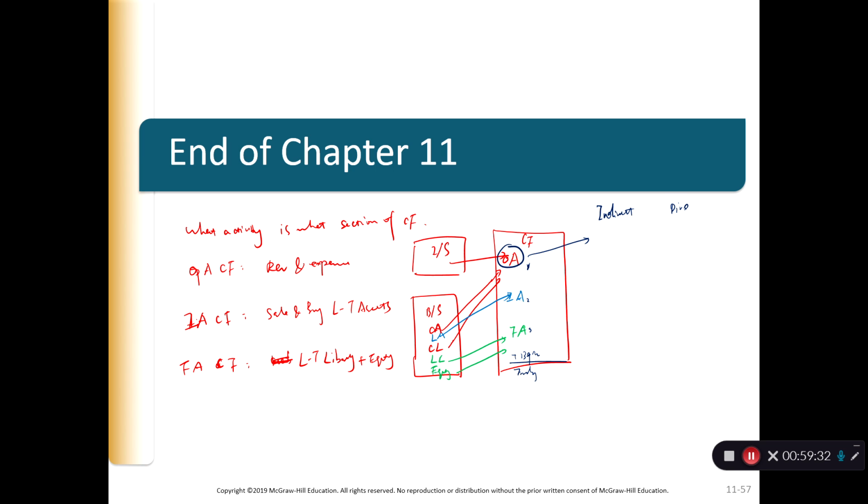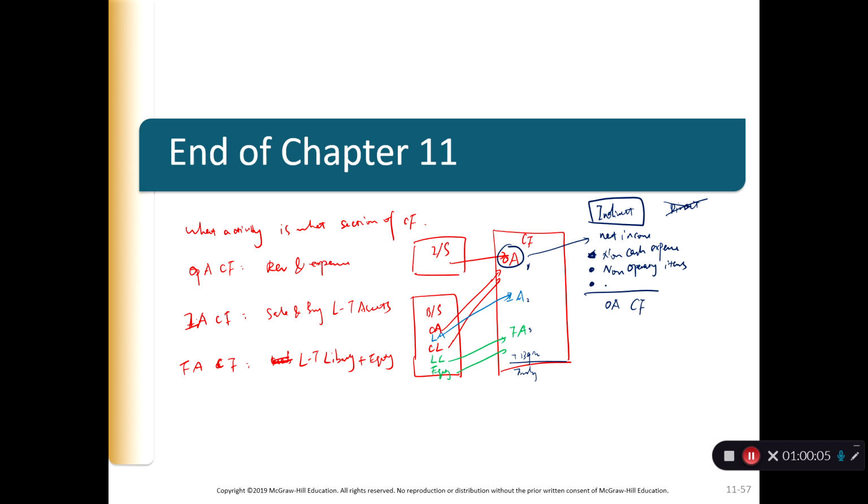The direct method we don't talk about. The indirect method is something you have to know. The indirect method is adjusting net income to operating activity cash flow, right? In here we will cover 3 sections. First, we want to adjust non-cash expenses. Second, we want to adjust non-operating items.